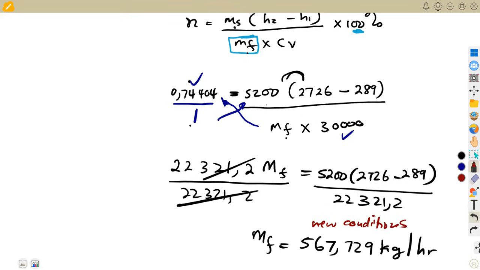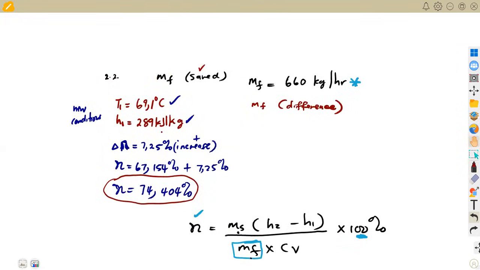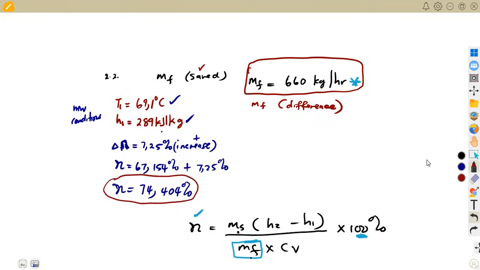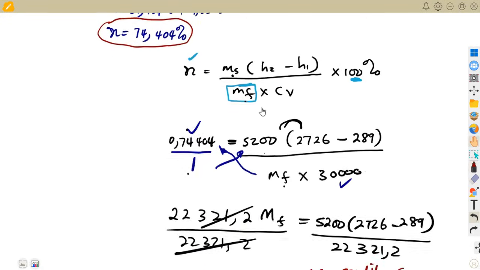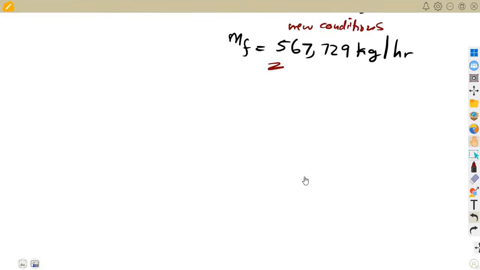As you can see, it's a little bit lower than the one that we had before. Before, our mass in this case was 660 kilograms per hour. So we are going to subtract the difference, 660 minus the one that we obtained now, because the question needs us to calculate the fuel that was being saved.